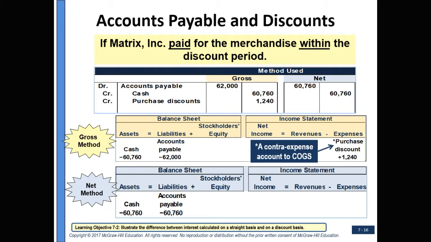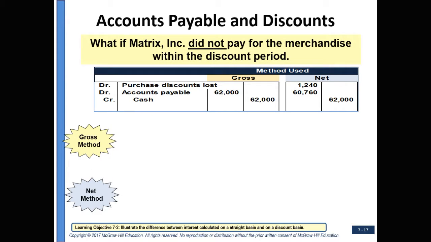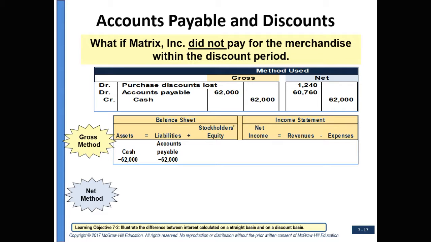Now, to illustrate what happens if we do not pay within the discount period, based on the gross method, accounts payable is debited and cash is credited for the $62,000. The horizontal model stays in balance. No additional transactions or entries are required underneath the gross method at this point.